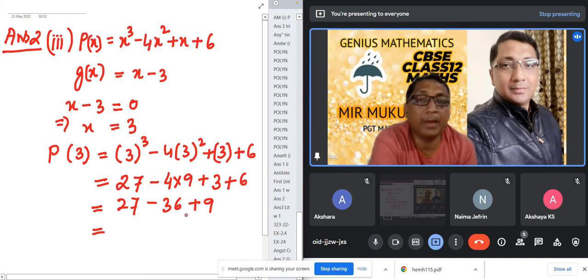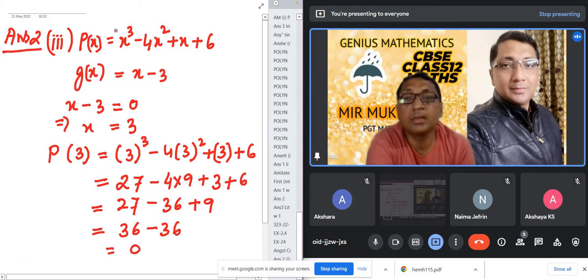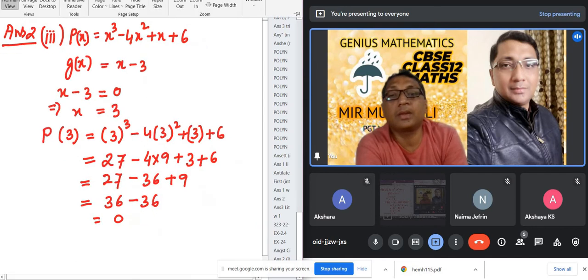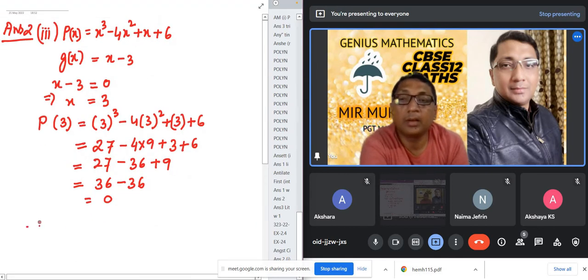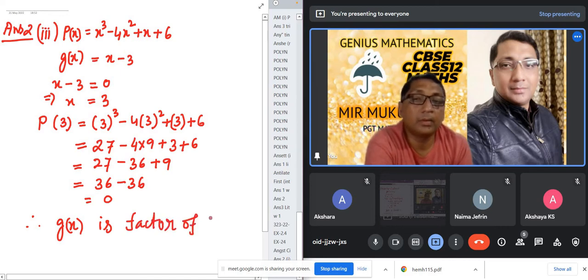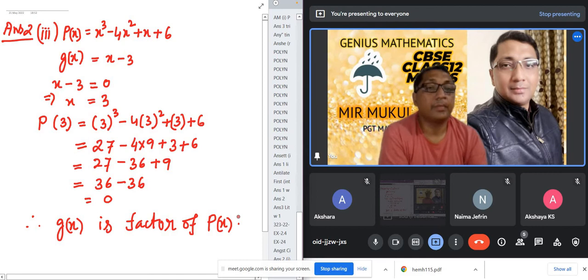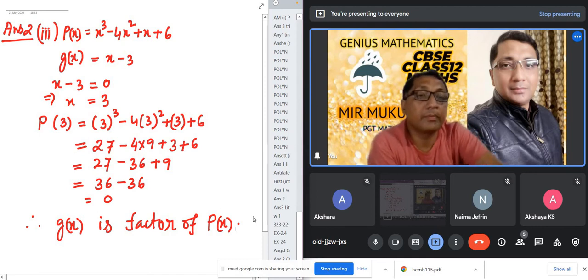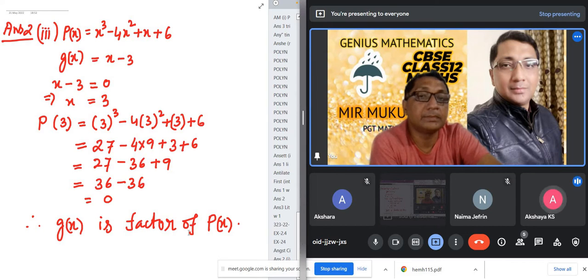Now 27 plus 9, how much? 36 minus 36. So here also we are getting 0. If we get 0, then we can write, therefore, g(x) is a factor of p(x). Okay, fine. Understood? Akshaya? Yes, sir.